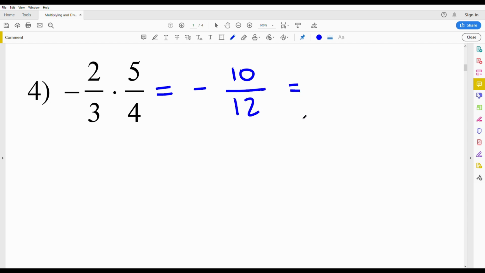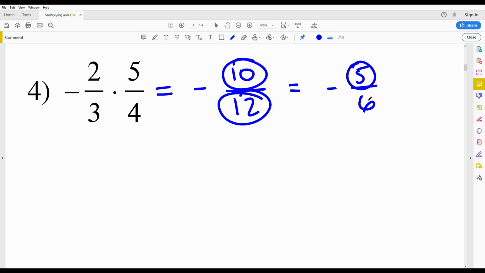But that can be simplified down because both are divisible by 2. 10 divided by 2 equals 5, and 12 divided by 2 equals 6. And I'm dividing by the same number because that's the greatest common factor between 10 and 12. And think about it, if I divide in my numerator, I need to divide by that same number in my denominator so I don't change the value of the overall fraction.